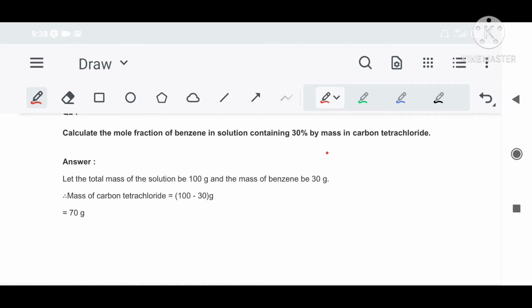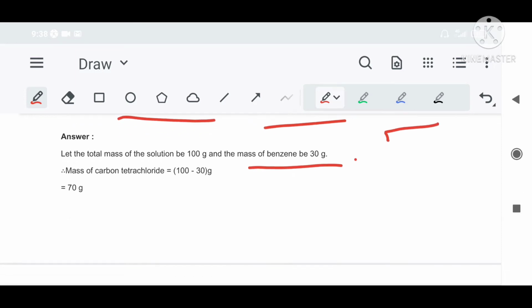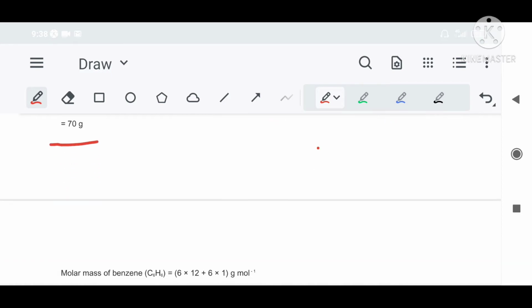Now question number 2: calculate the mole fraction of benzene in a solution containing 35% by mass in carbon tetrachloride. So 35% means in 100 gram, benzene is 30 gram. So we can find out the mass of carbon tetrachloride, that will be 70 gram.